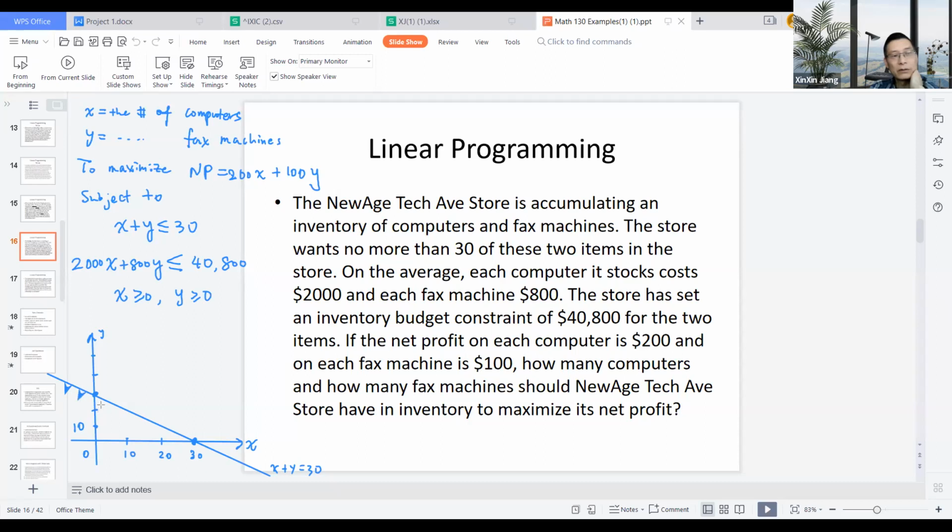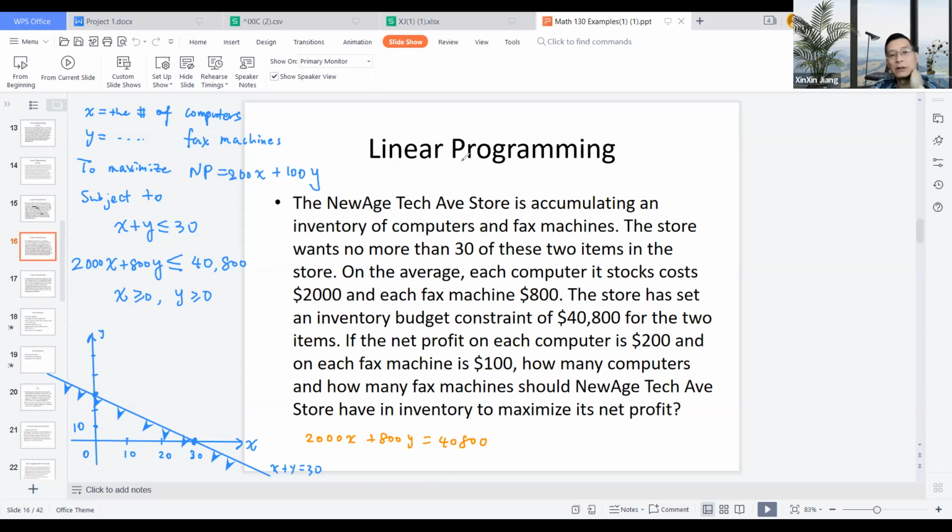We'll do that. All right. Now let's deal with the second inequality, but first we have the equality. So you have 2000x plus 800y equals 40800.